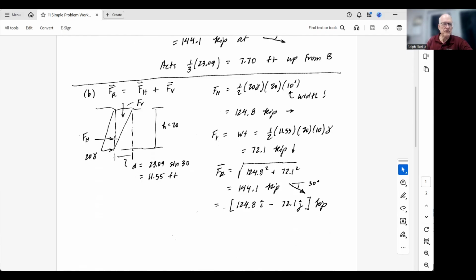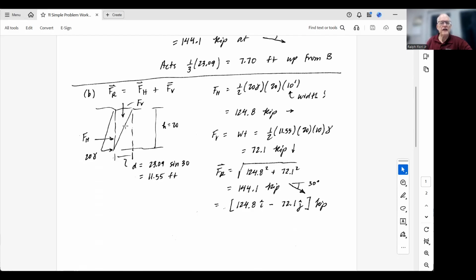So the length of this triangle is 20. The pressure here is 20 gamma because its depth is 20. And then, of course, you've got the width in the page. So the F horizontal is 1/2 of base times height. So 1/2, 20 gamma. The height is 20, 10 foot into the page. And so our F horizontal is 124.8 kip.